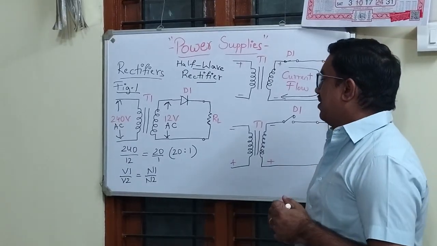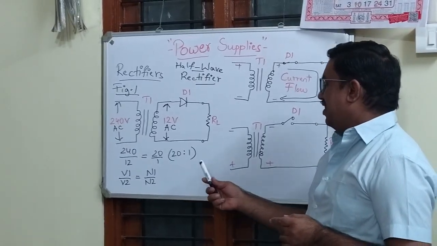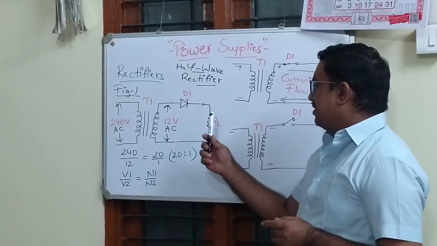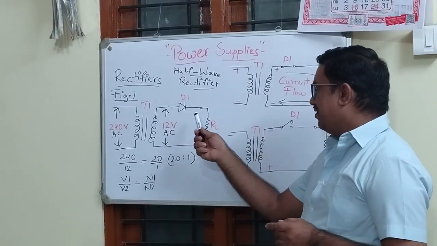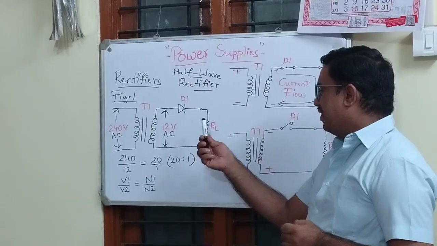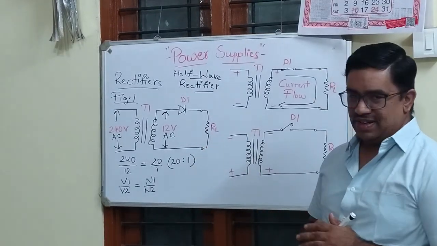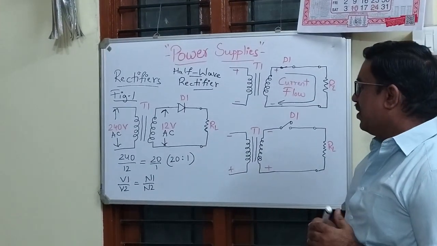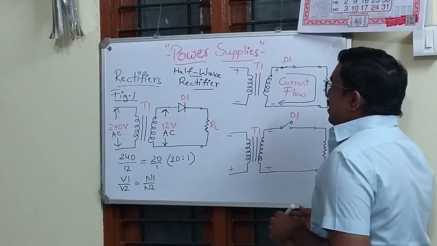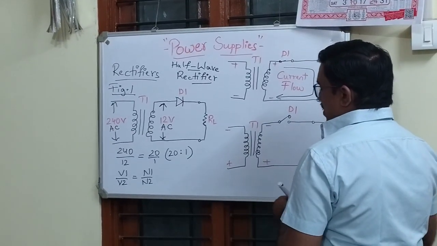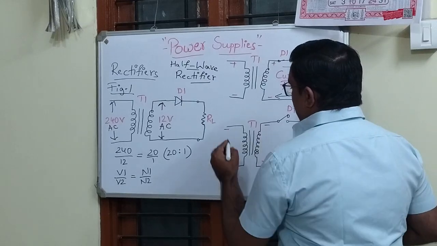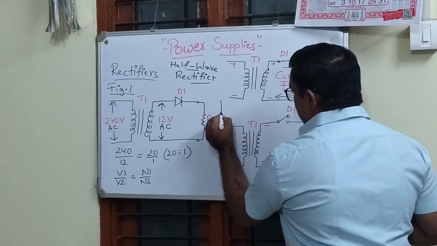Further, we have a silicon diode D1 and a simple resistor RL. Now, coming to the operation of this rectifier circuit, let us consider a sinusoidal signal.